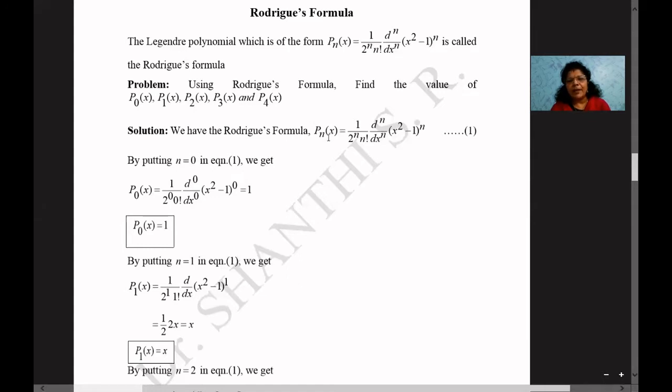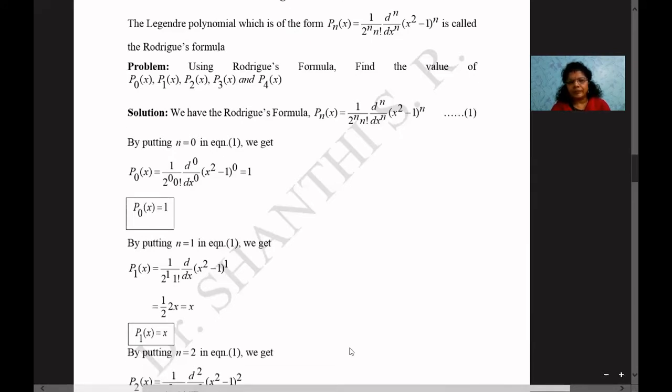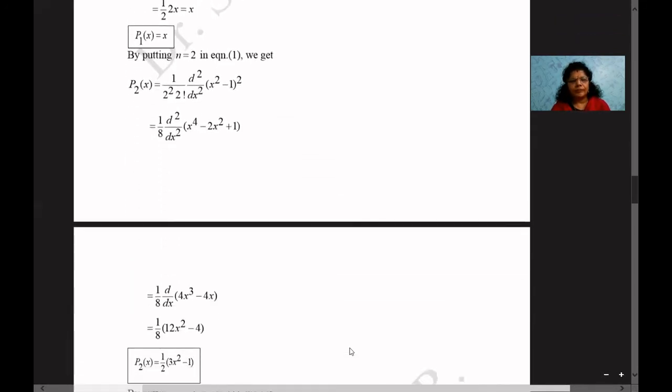If you apply n is equal to 2, you will get this value. 2 square is 4, 2 factorial is 2, 4 into 2 is 8, so 1 by 8, d square by dx square of, I'm expanding this. This is (a minus b) the whole square, a square minus 2ab plus b square. I have expanded. Now twice we have to differentiate.